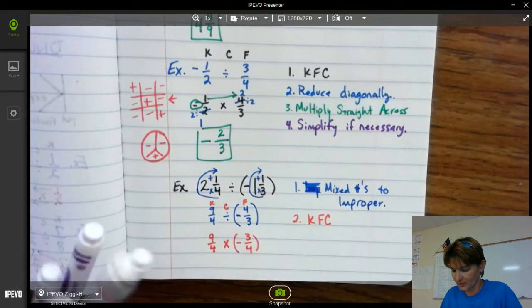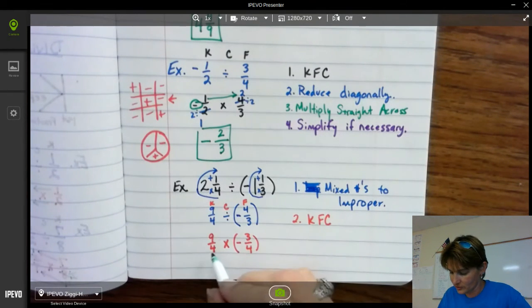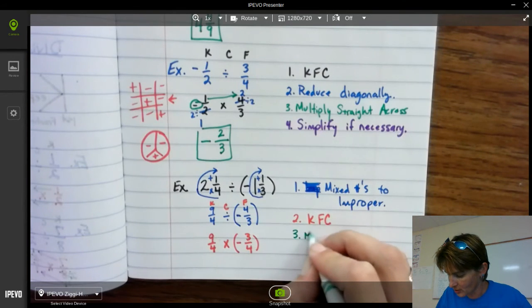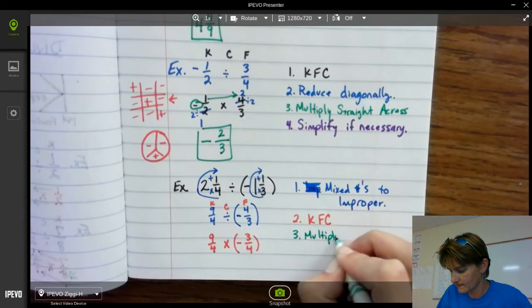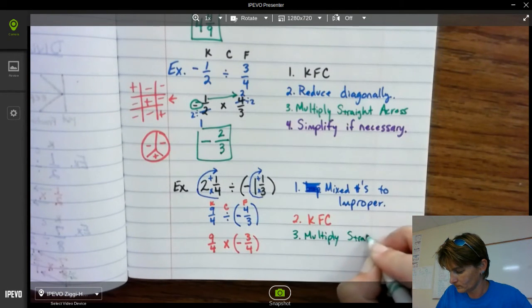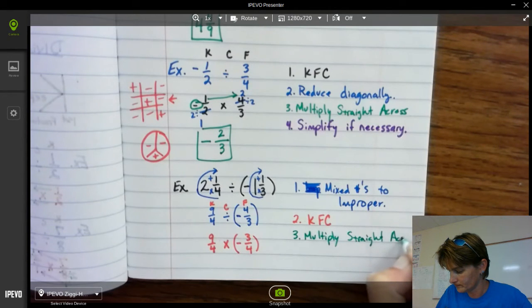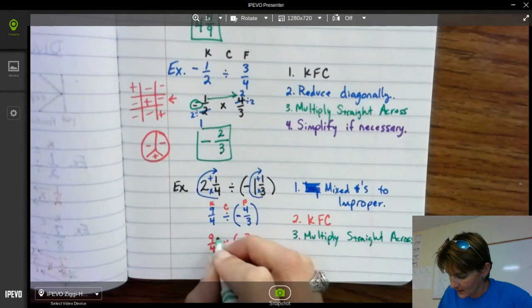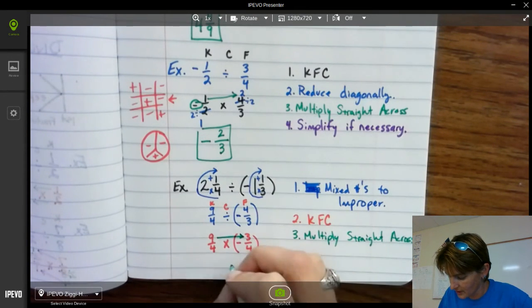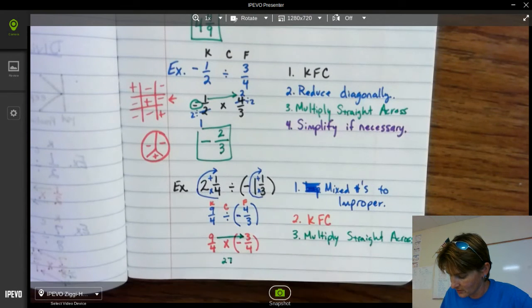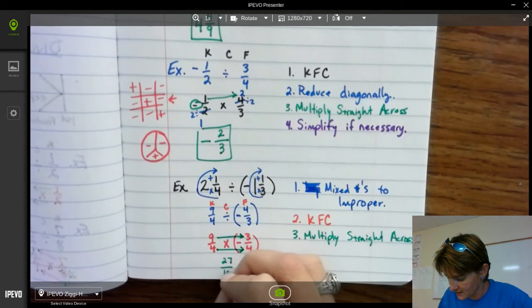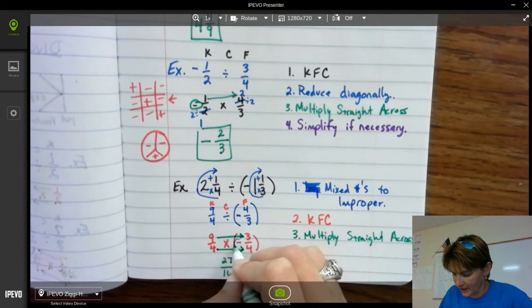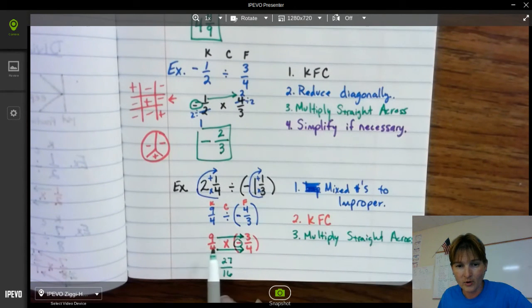Now that I have my multiplication, I can reduce diagonally, nope, or multiply straight across. 9 times 3 is 27. 4 times 4 is 16. Don't forget about this negative. We have a positive times a negative.